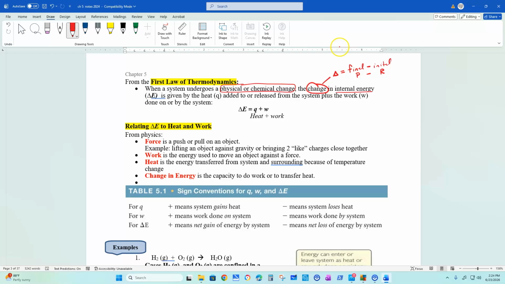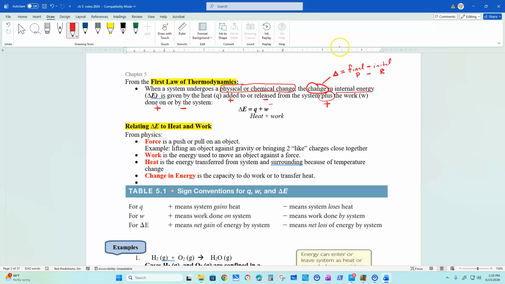Given that heat is Q, is added or released, so if you add heat or release heat, positive or negative, from the system, plus the work done on or by the system. So our work can even be positive or negative.